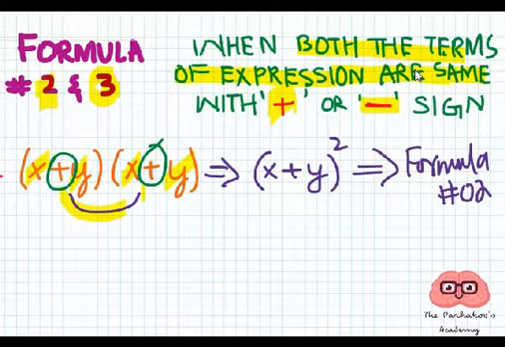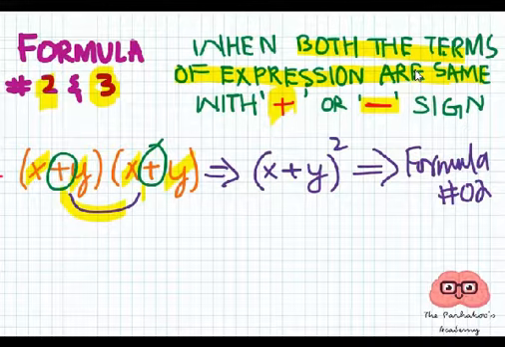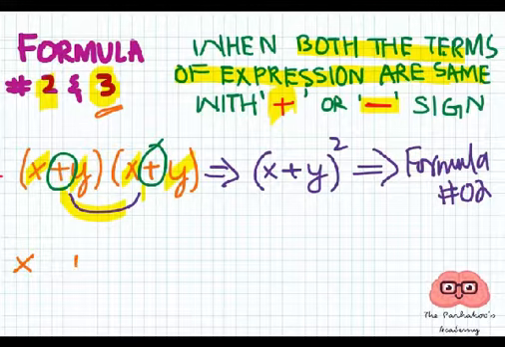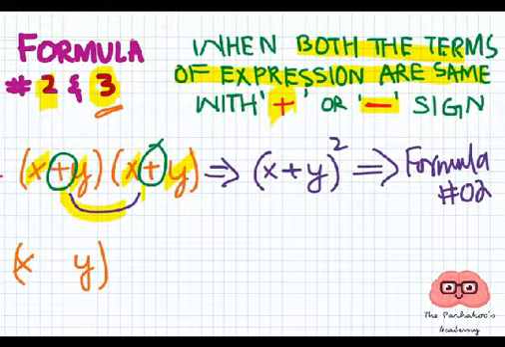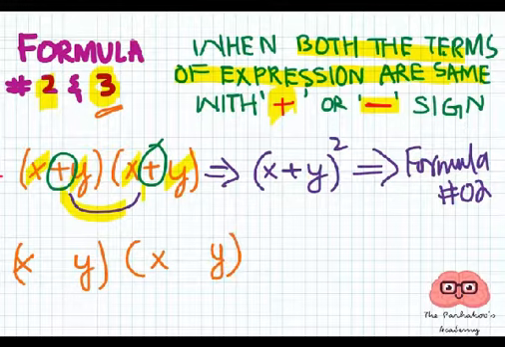So we are going to see what formula number 2 is, but before it, it's very important to clear the case of when we apply what. And formula number 3 is valid when you have the same terms in both the expressions but with a minus sign.